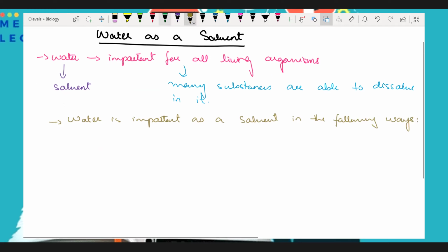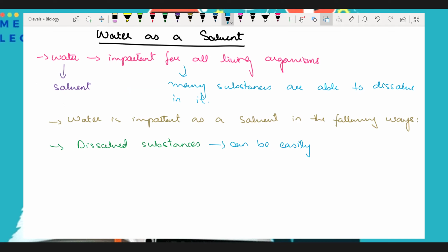So first we can have a look at the dissolved substances, right? We know that substances dissolved in a solvent can be easily transported around organisms, right? Dissolved substances can be easily transported from one part to another part in the organisms.